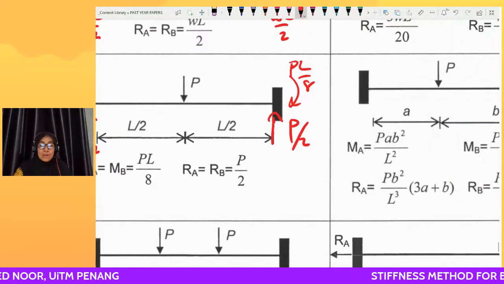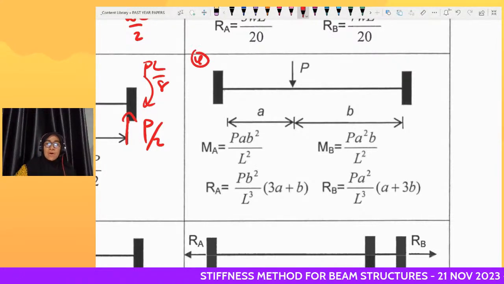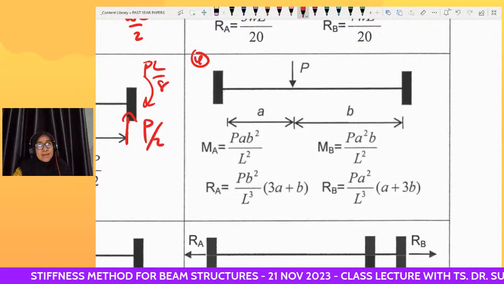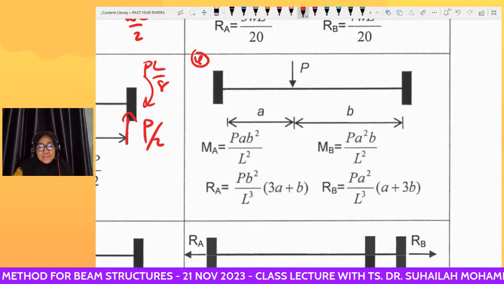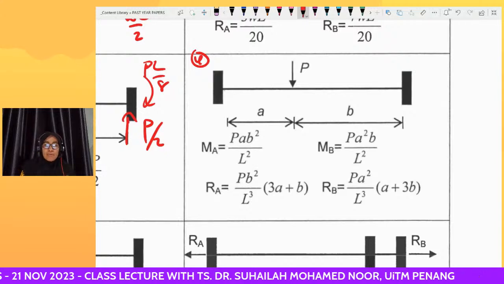Now we look at category number 4. The point load P can be subjected not at the center.